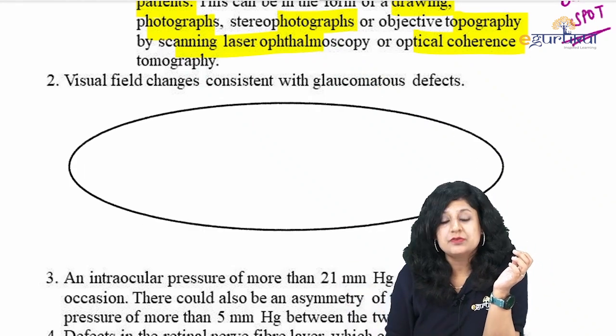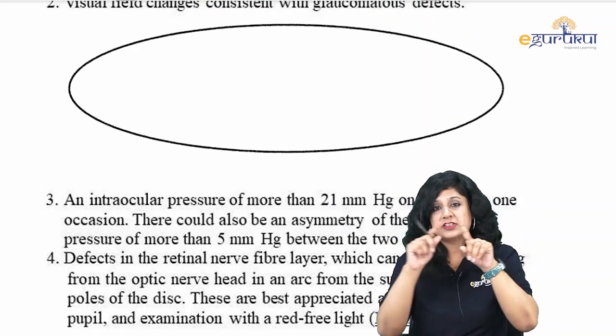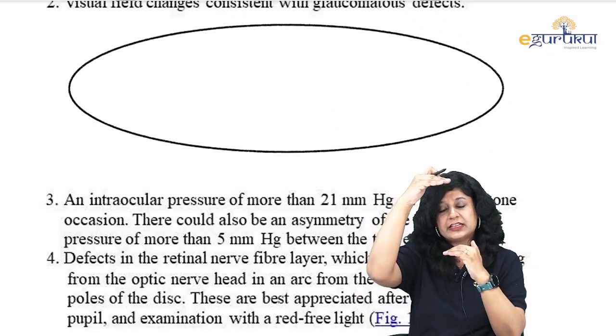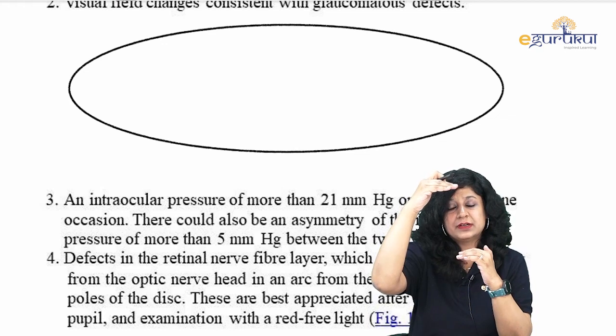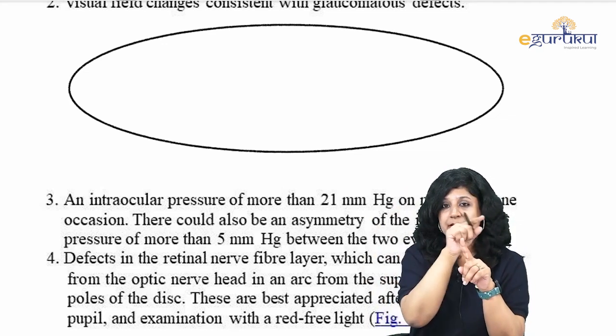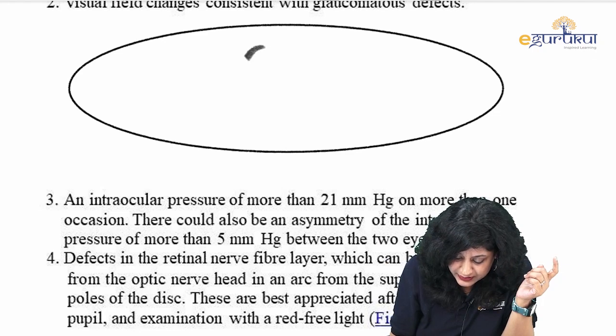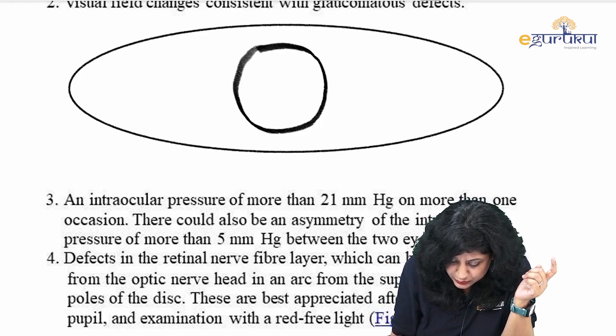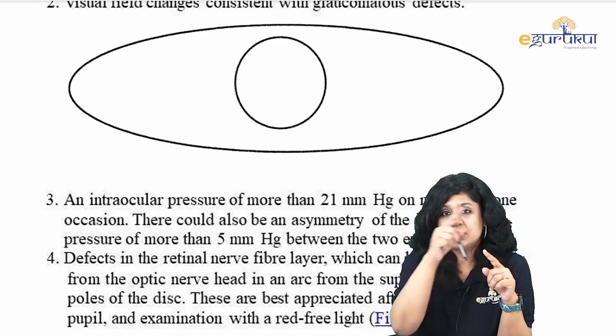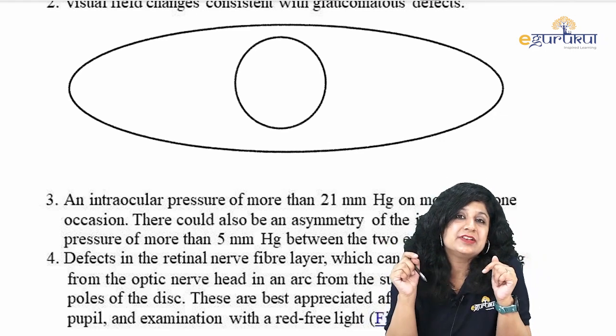I have made it horizontally oval because there was a selective loss of superior and inferior fibers, and what we are left with is the horizontal field, and then we have this central field also. Suppose this is the total one, we have got the total peripheral field, and this is the central field.